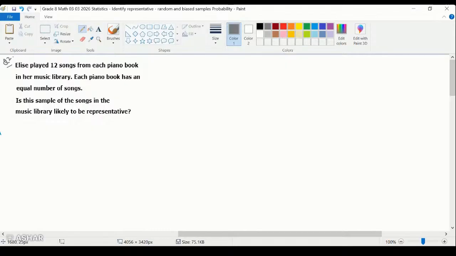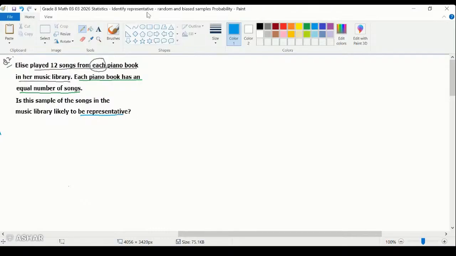what they're saying is Elise played 12 songs from each piano book in her music library, right? Each piano book has an equal number of songs, right? That means, is this sample representative?